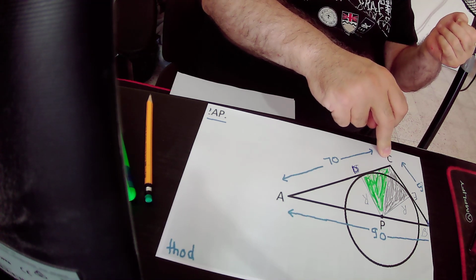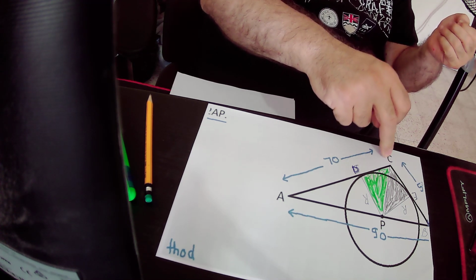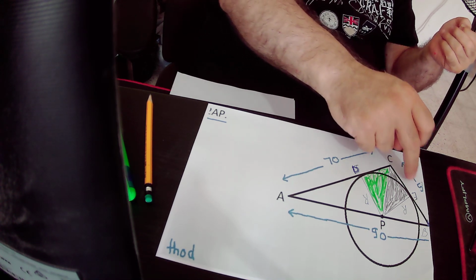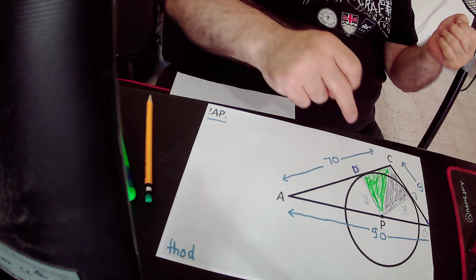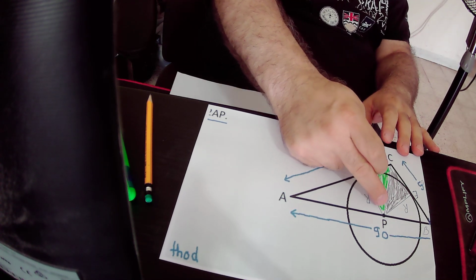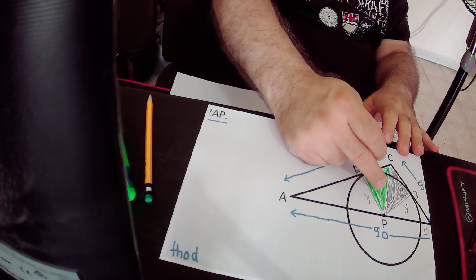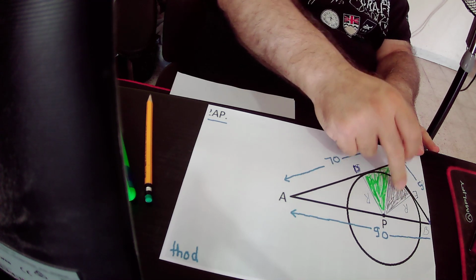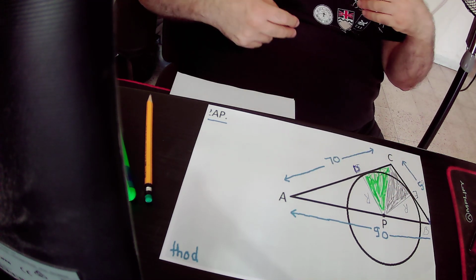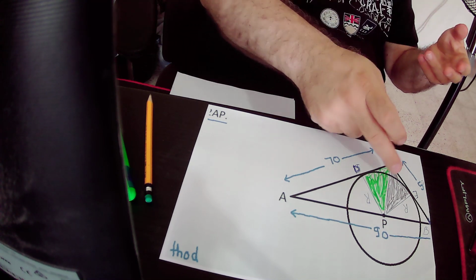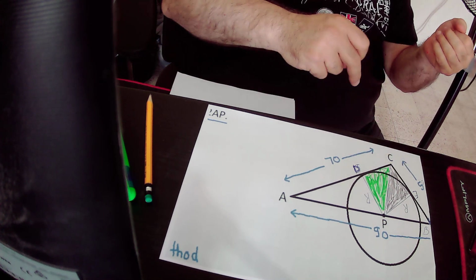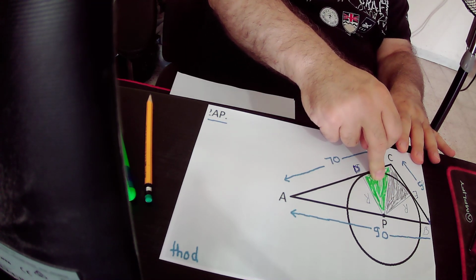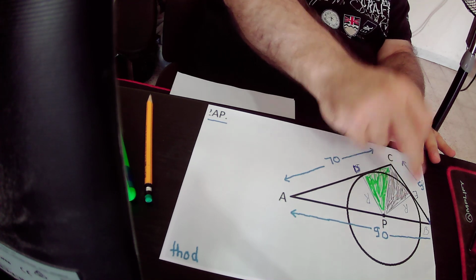And also PD of the green triangle equals PE of the black triangle, because they are both radii of the circle. And PC of the green triangle equals PC of the black triangle.